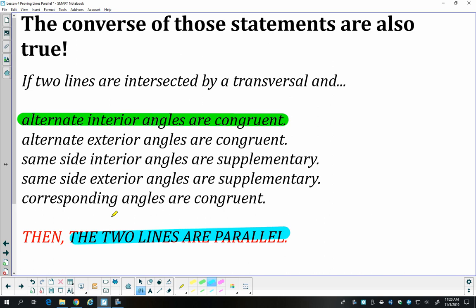So it works both ways, and if you remember, that means we could write a biconditional here: two lines intersected by a transversal are parallel if and only if alternate interior angles are congruent, or if and only if alternate exterior angles are congruent, and so on and so forth.